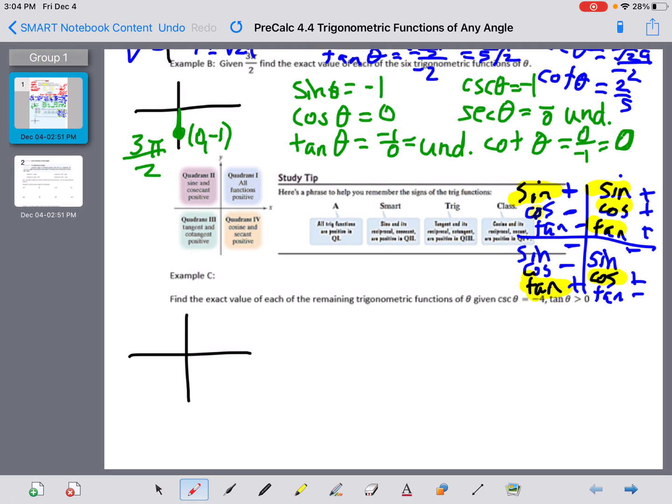Or, in my thought bubble, it's not cosecant, it's sine, right? Where is my sine negative, but my tangent positive? Sine negative, tangent positive. Well, it looks like I've got to be in that third quadrant, okay?